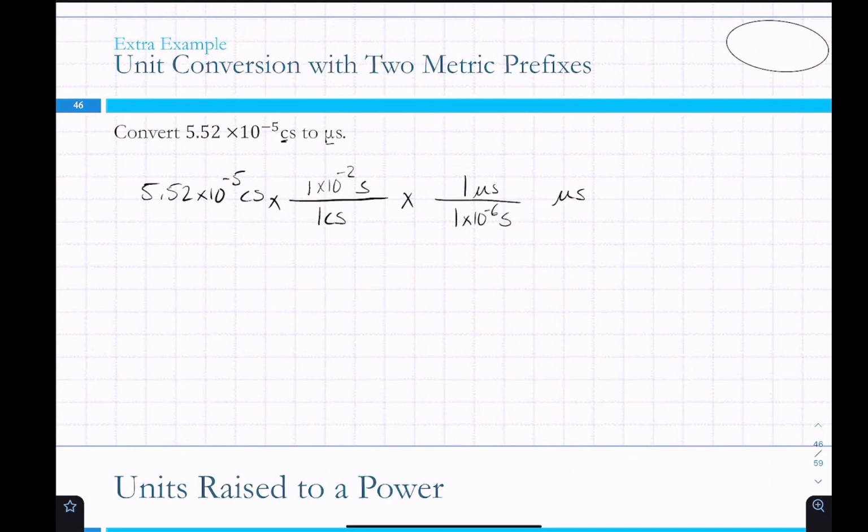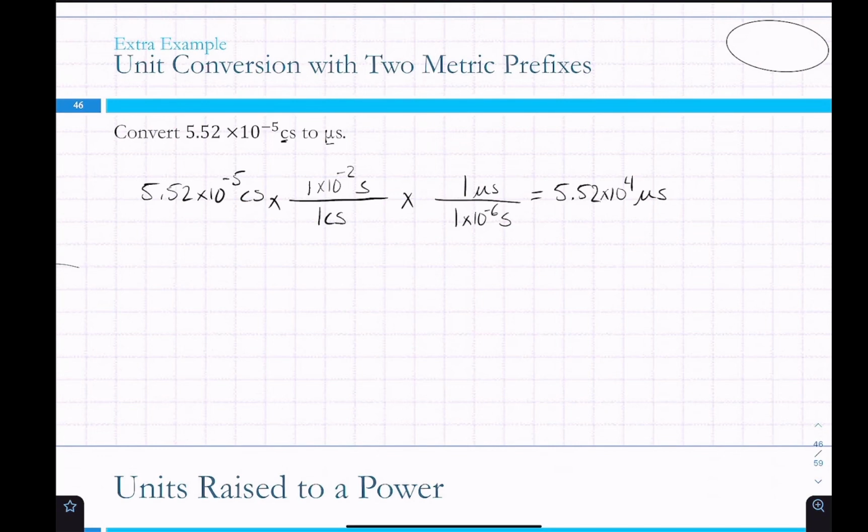A millisecond would be 1 times 10 to the negative 3. So 5.52 times 1e to the negative 2 divided by 1e to the negative 6. This is going to be 5.52 times 10 to the 4th microseconds.